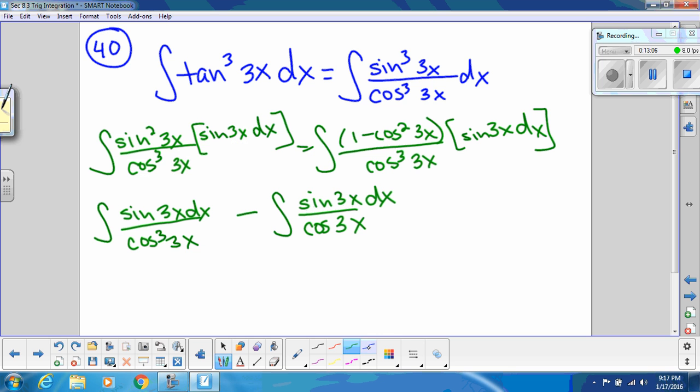Okay, so we're ready for the u substitution. Our u is cosine of 3x. So our du is negative 3 sine of 3x dx. So all of these need a negative 3 and a compensation with a negative 1/3 in the front.